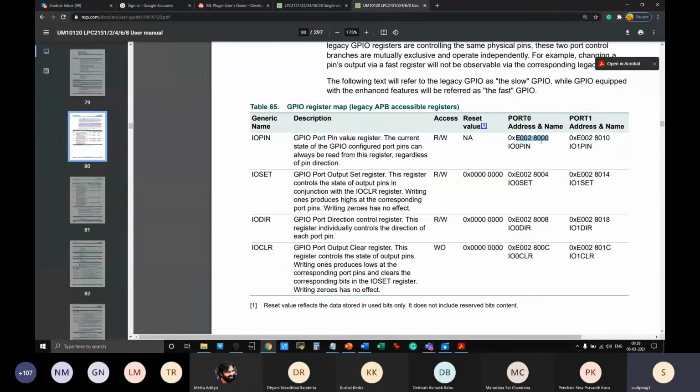These address values are different for port 0 and port 1. That means IO pin is available separately for port 0 as well as for port 1. Similarly, all the other registers that you get to see have different physical addresses. This is called the physical address of a given register.